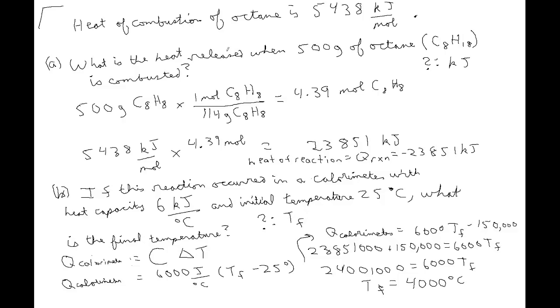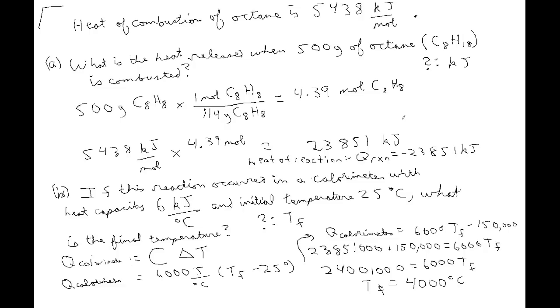When you say released, the negative sign is already implied. It's hard to put into words, but it would be weird to say that the heat that's released is negative 23,000 kilojoules. So if they say the heat of reaction, then you need to give a negative sign to show that the heat is being released. But if you just say the heat released is 23,851, then it doesn't make sense to put in the negative sign.